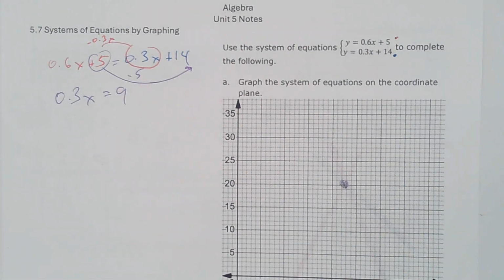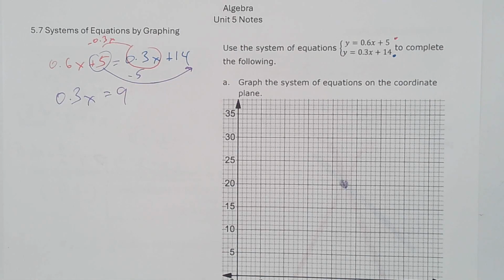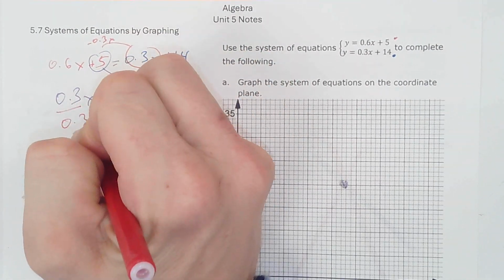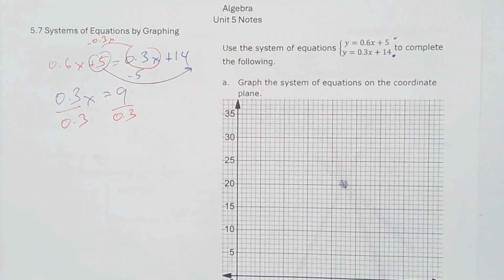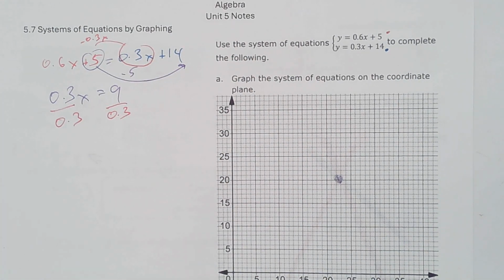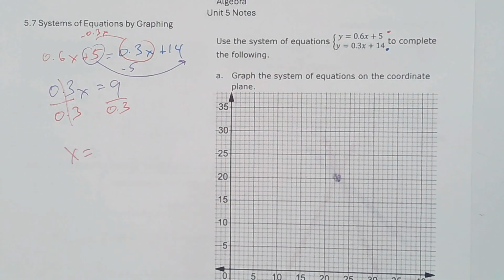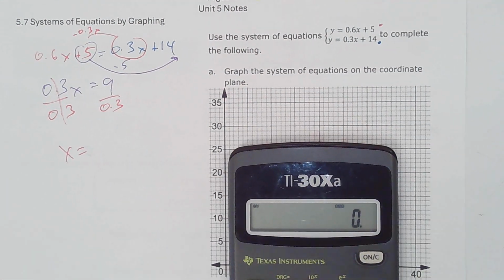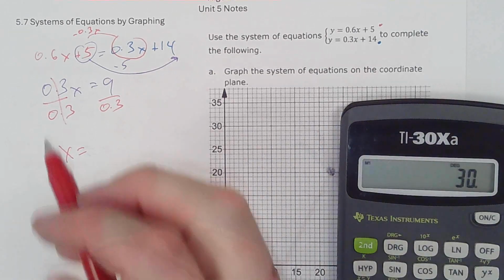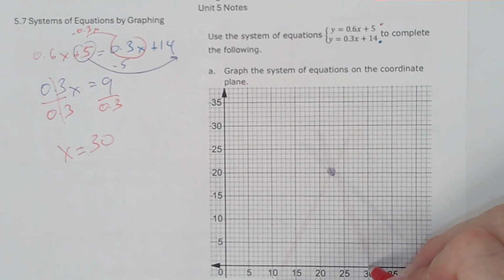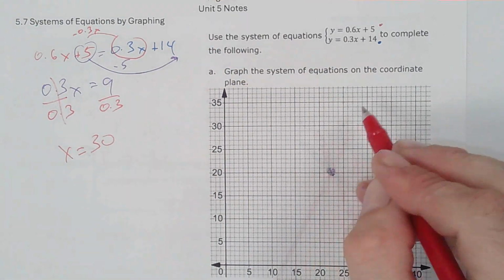Now I have to divide both sides by the coefficient of the variable term, which is 0.3. 9 divided by 0.3 is equal to 30. So these 2 lines are going to cross at x equals 30, somewhere up here.